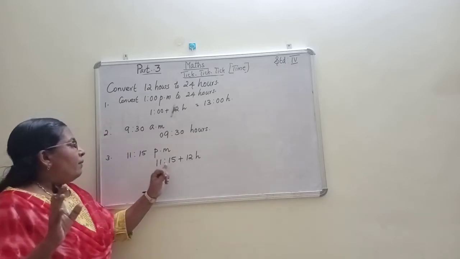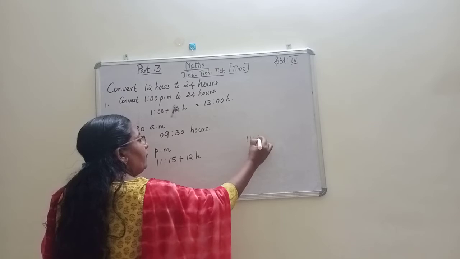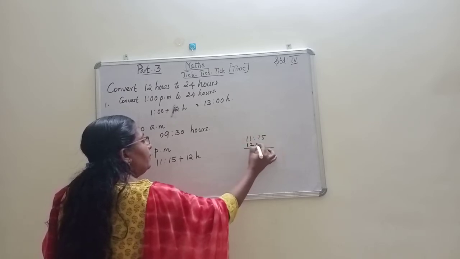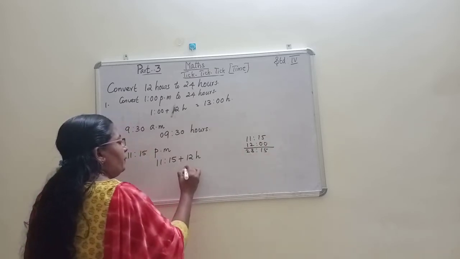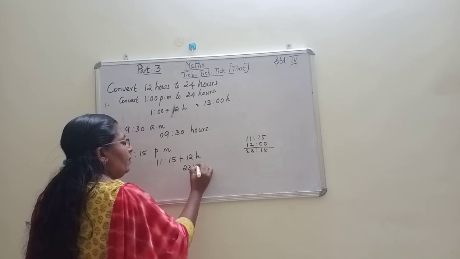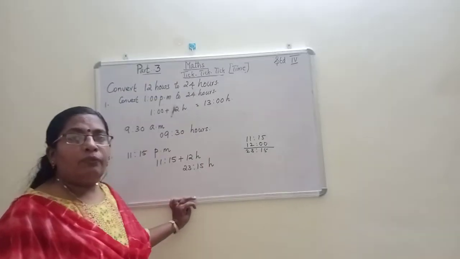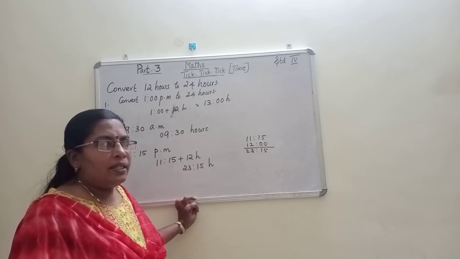So 11:15 plus 12 hours. That is 11 plus 12, that is 23, and 15. That means 23:15 hours. Understand?